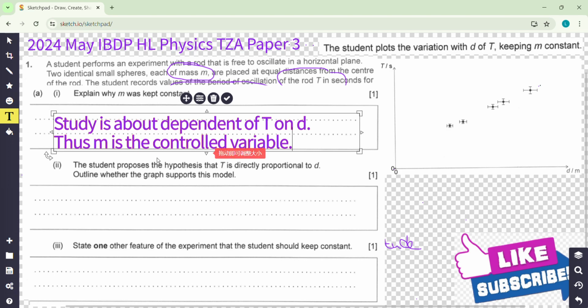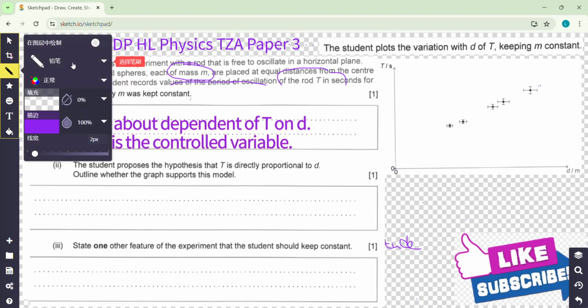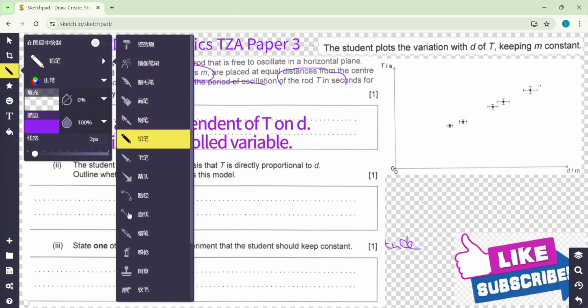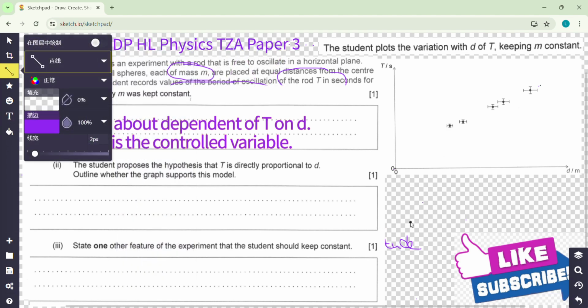Question number 2. The student proposed the hypothesis that T is directly proportional to D. Remember directly proportional? Straight line and pass through origin. Outline whether the graph supports this model. So we try to draw the best fit graph. You have two kinds of discussion.